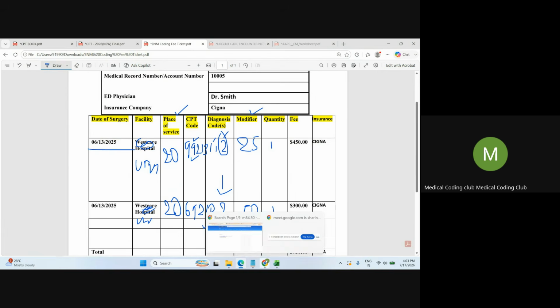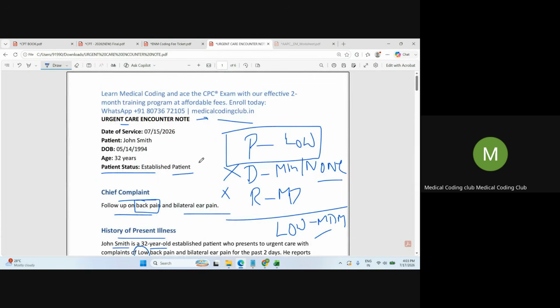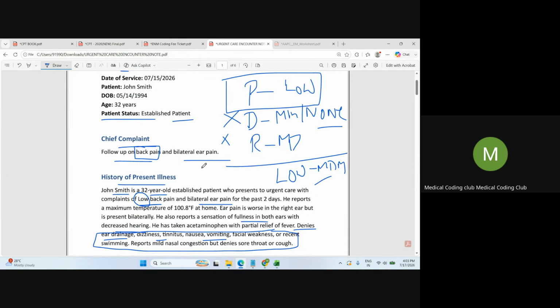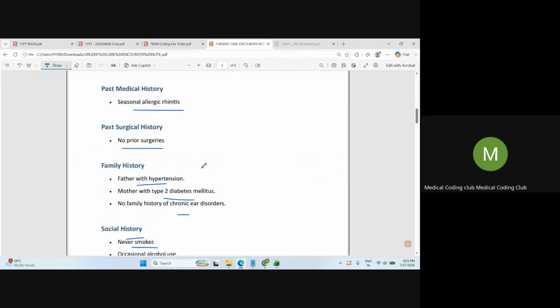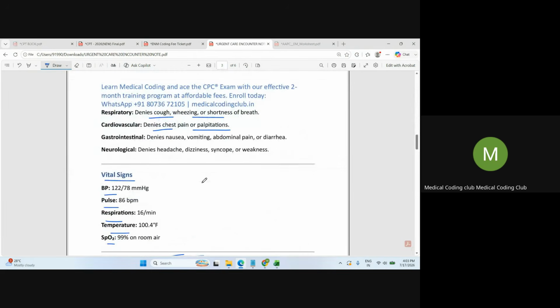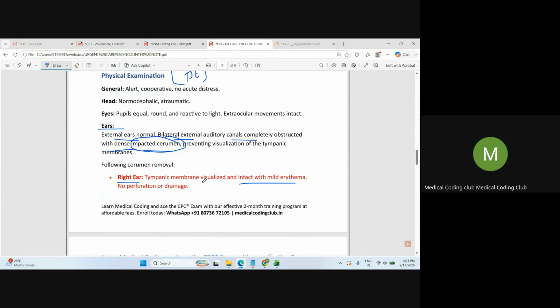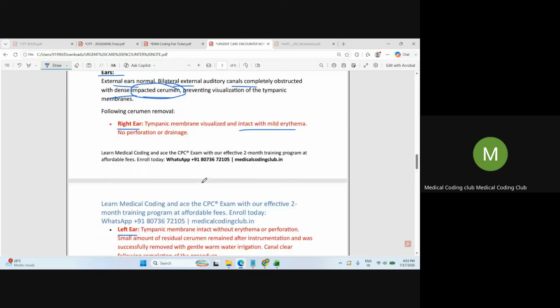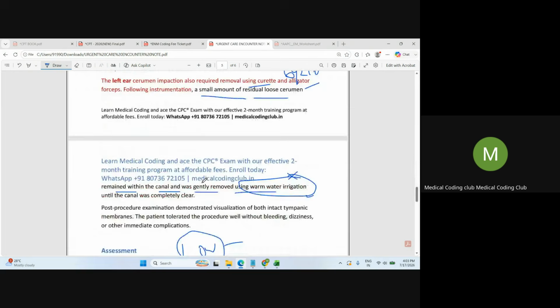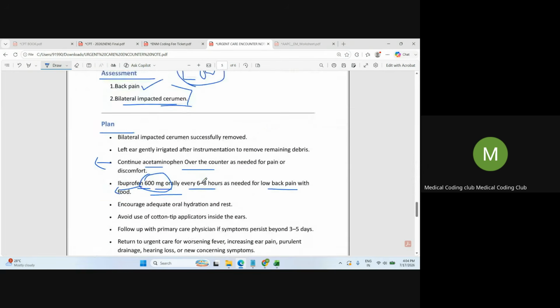So that's all. Always make sure to select the appropriate E/M level for your visit and understand what procedure was given. Always read your medical record completely so that you get proper details about the patient condition. Always look for the provider signature.